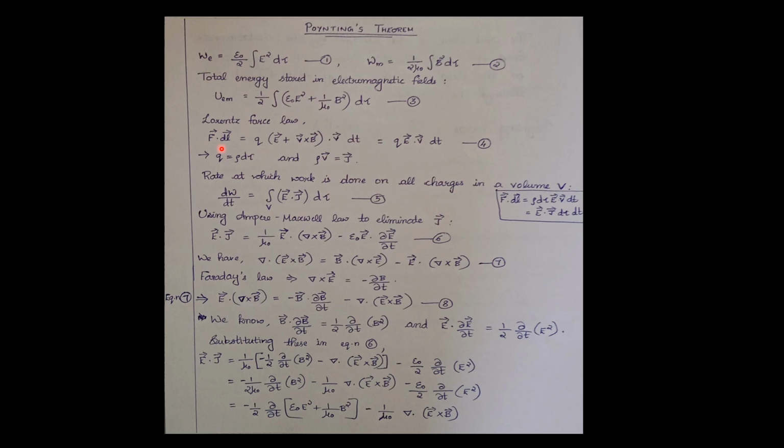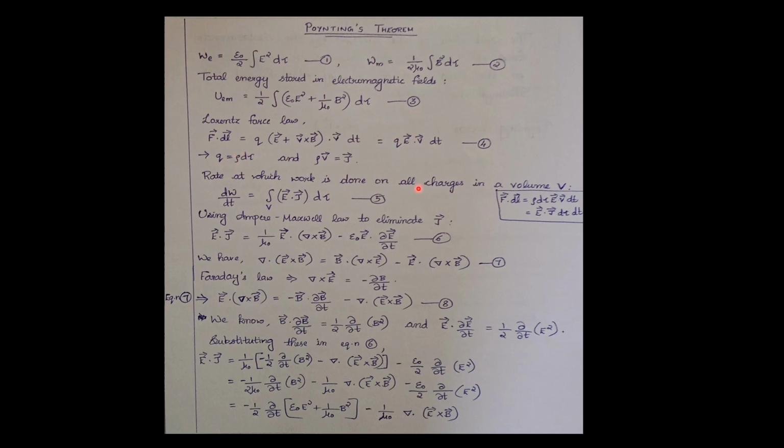So we know that from the Lorentz force law, the work done, F dot dl, where F is the force and dl is the displacement element, is equal to Q times E plus V cross B, dot V dt. We know that V cross B dot V is 0, so we get Q E dot V dt. Now we can substitute rho d tau for Q, where rho is the volume charge density.